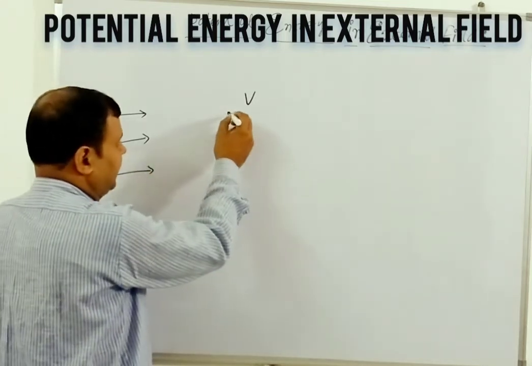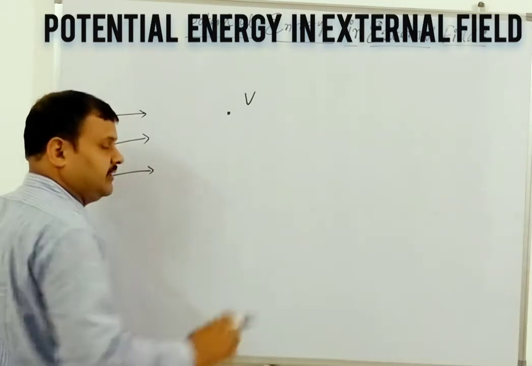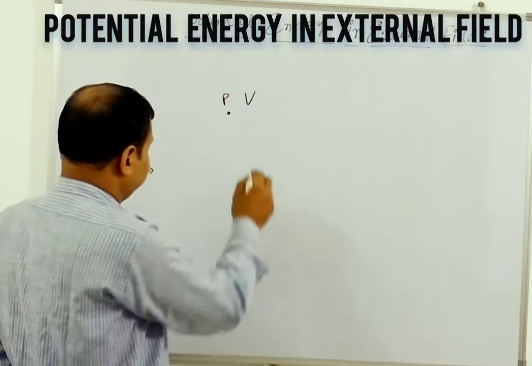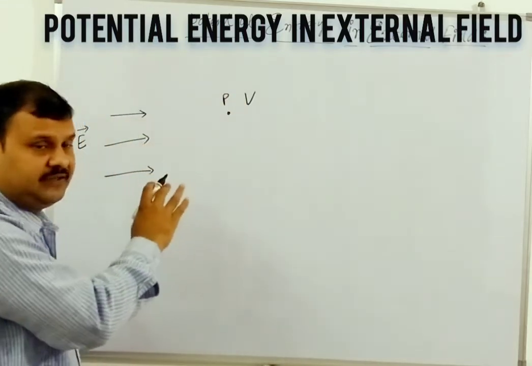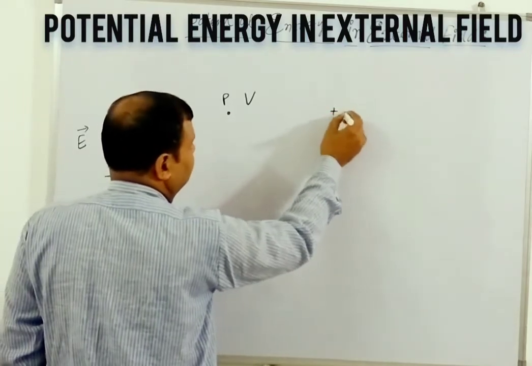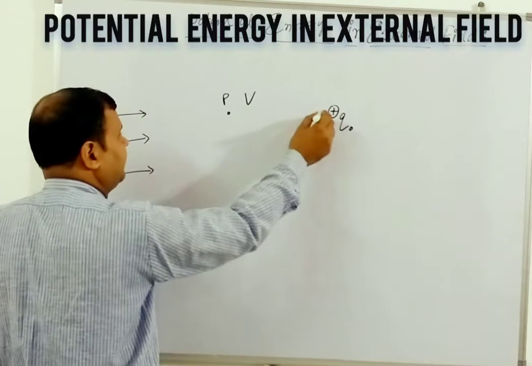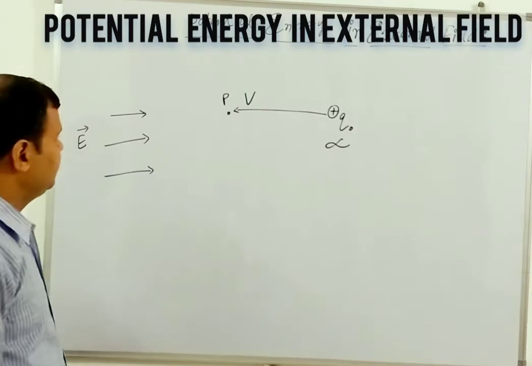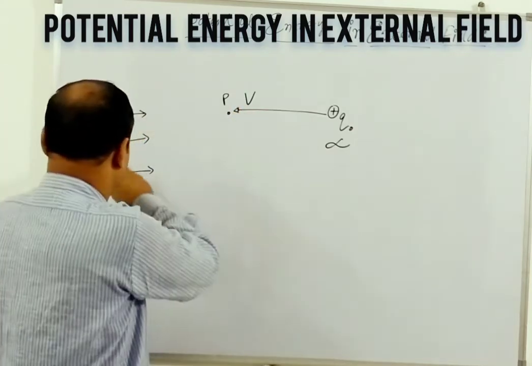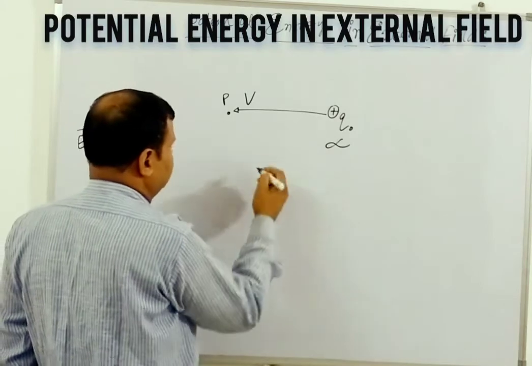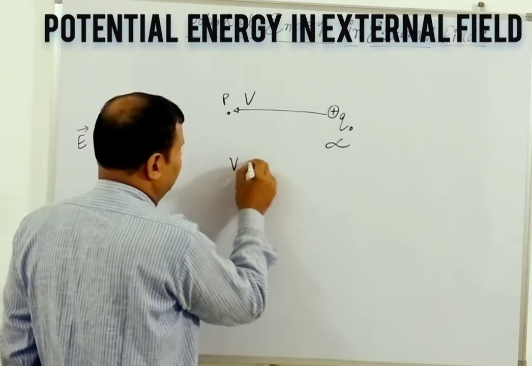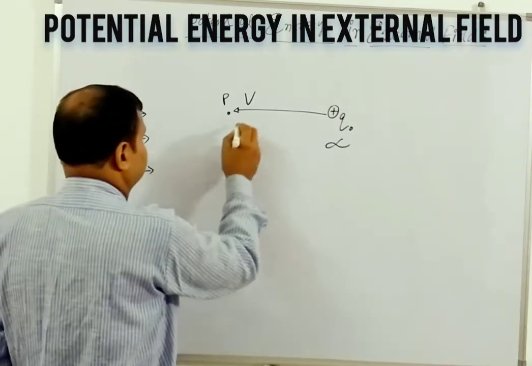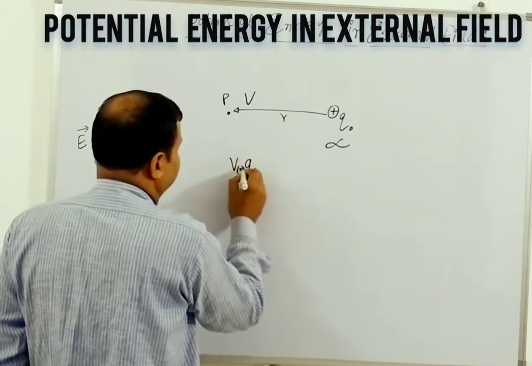The potential at a particular point P is V. Due to this external electrical field, if you want to bring one charge Q, maybe Q naught, from infinity to this point, what amount of work do we need to do externally against this field? The potential energy stored will be V and Q. If the distance is R, we will say it is V(R) Q.